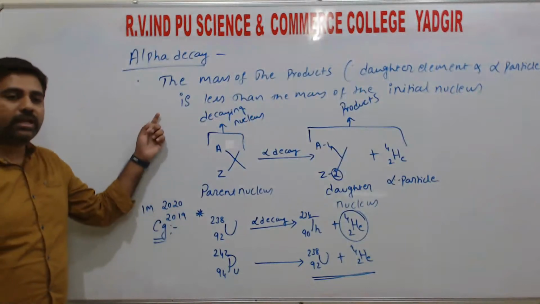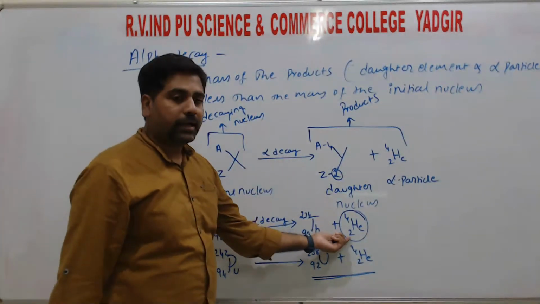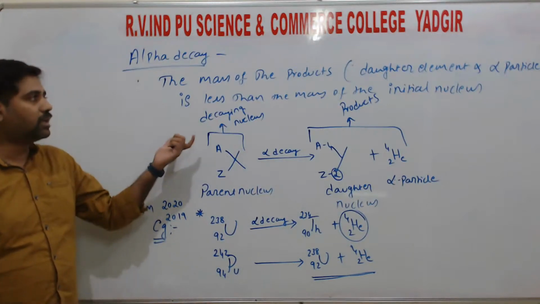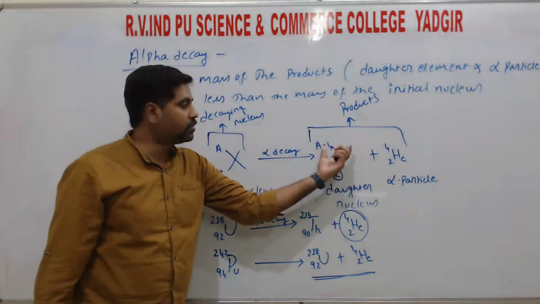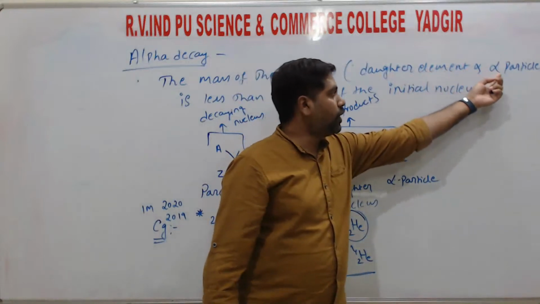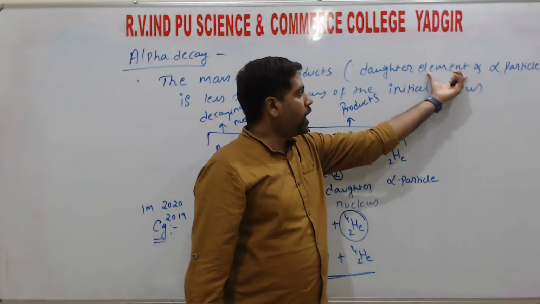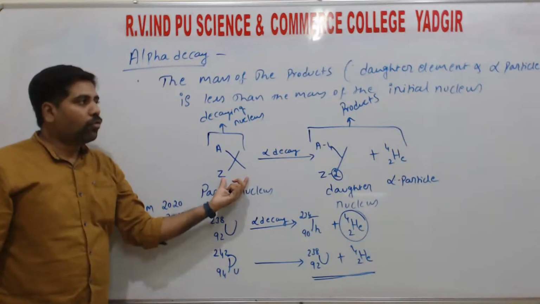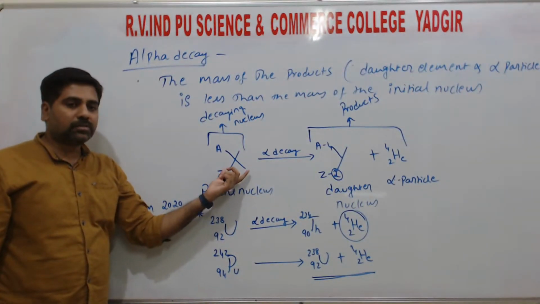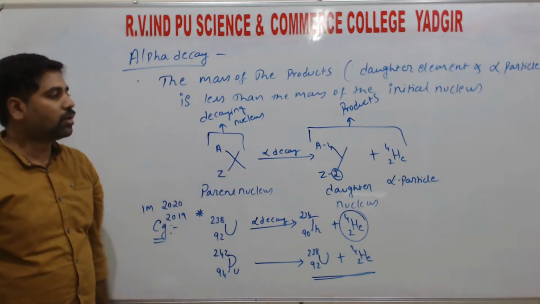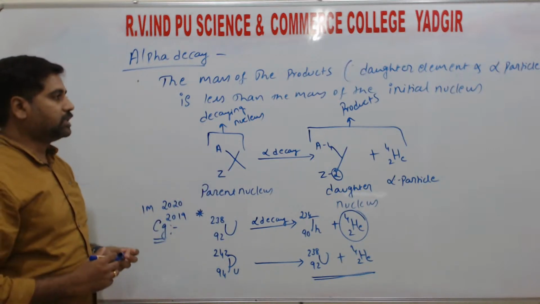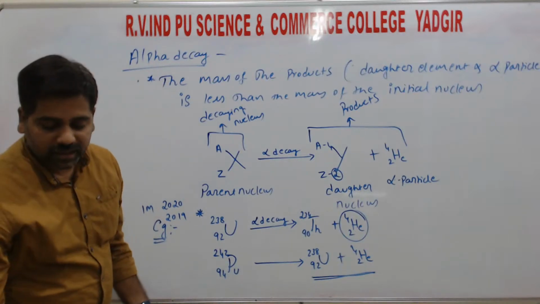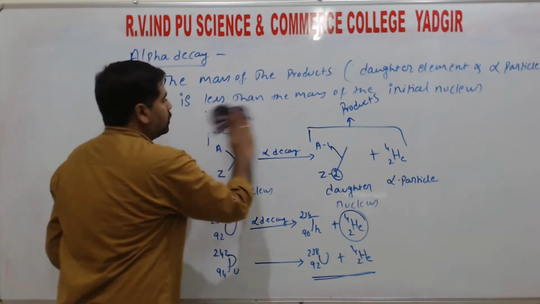So for this reason only the emission of the alpha particle takes place. That means products means daughter element plus alpha particle. The combined mass of these two should be less than the initial mass of the nucleus; then only the emission of the alpha particle takes place, right? So this is also important. They may ask for 1 mark, that is the reason, right?